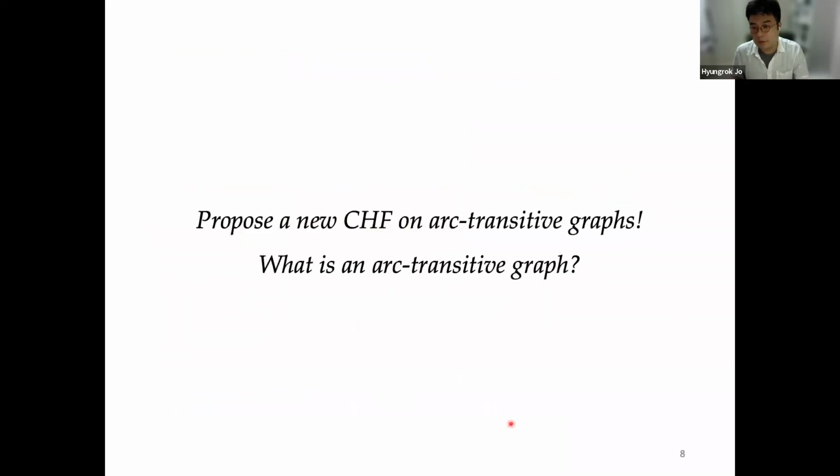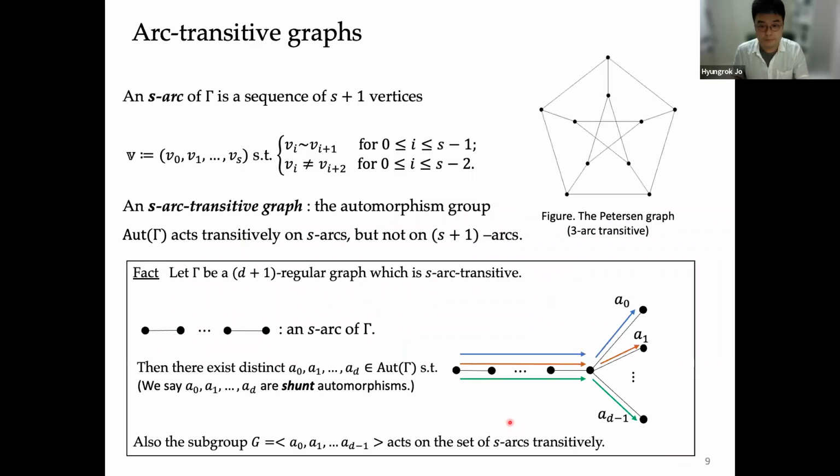Now we will prepare some preliminaries for suggesting a new hash function based on arc-transitive graphs. An s-arc of Gamma is a sequence of s+1 vertices where any two consecutive vertices in the sequence are adjacent, and any repeated vertices are more than 2 steps apart.